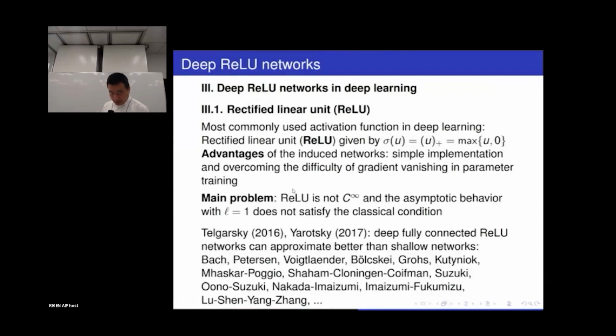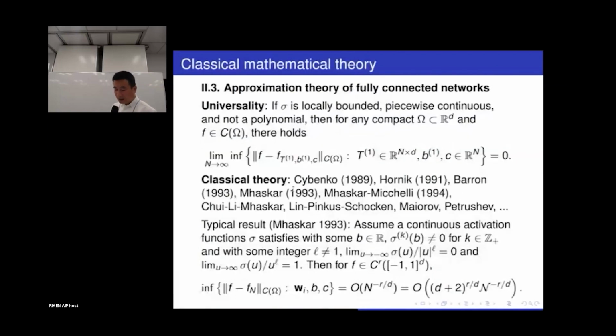But the difficulty is this activation function does not satisfy the classical theory, because the classical theory requires that the activation function, each of its derivatives, does not vanish at one point b.